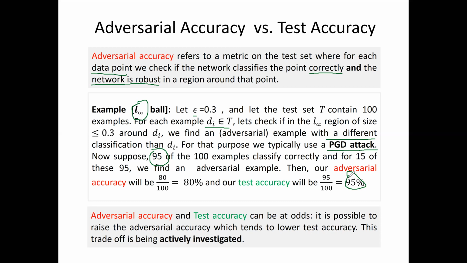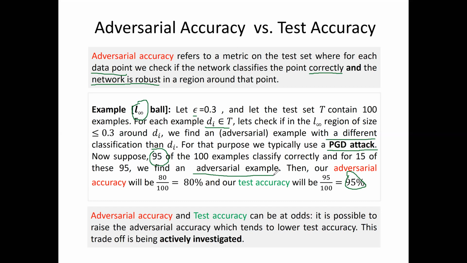Now let's suppose that for 15 of these 95, we are able to find an adversarial example. So somewhere in the region around this point, we are able to find a point which classifies differently than the original point.